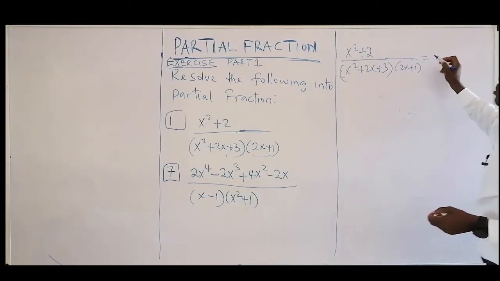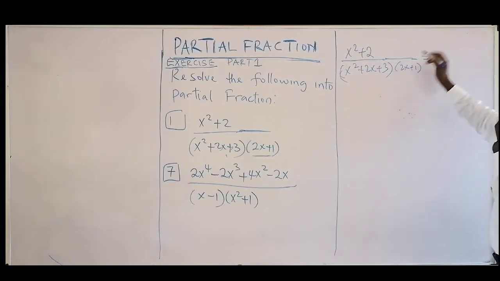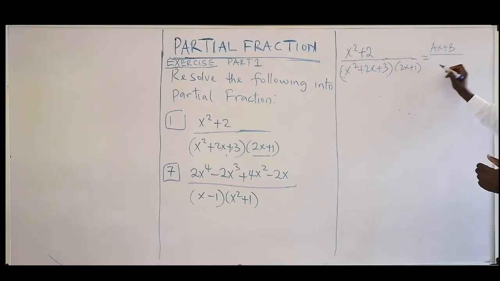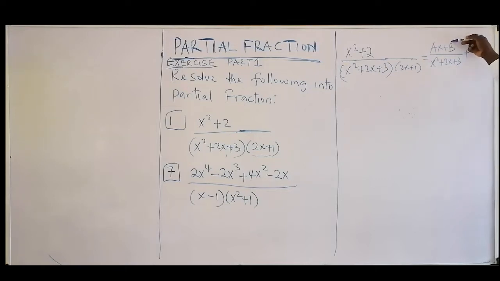It's a quadratic, so this will be equal to (ax plus b) over the quadratic expression x squared plus 2x plus 3, plus the linear one: since your constants stop at b here, the next constant can be any letter you like, plus c all over 2x plus 1.